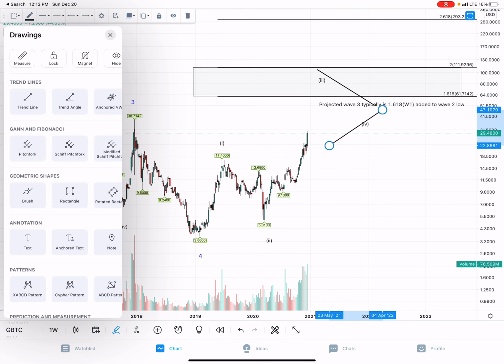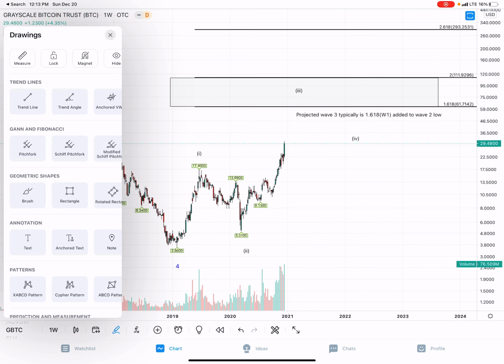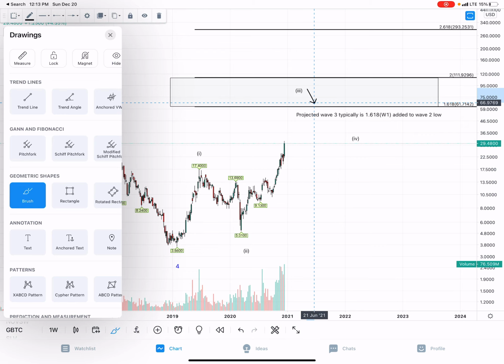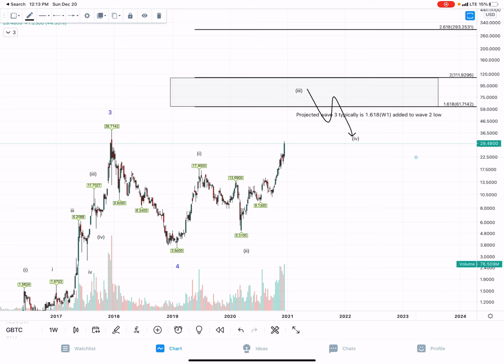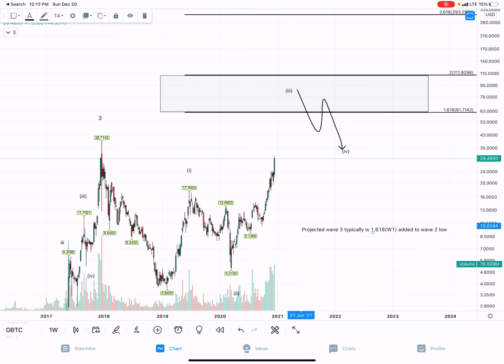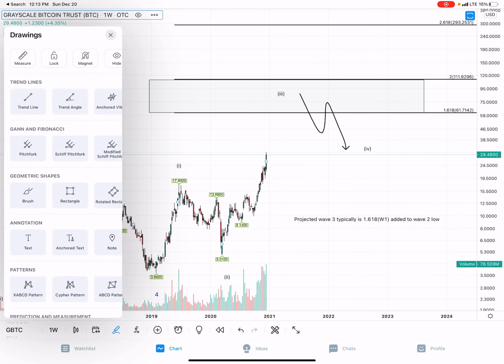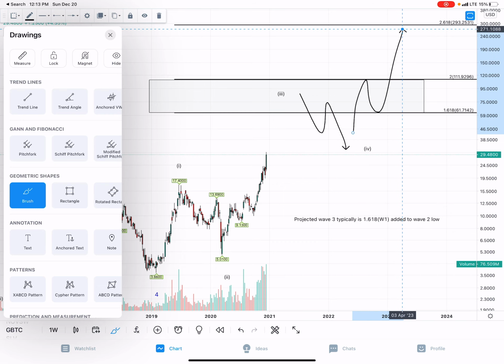But the idea is that we would get a wave 3 move up into here, followed by a corrective leg, some sort of corrective move down here to complete wave 4. And then from here, it should continue on up.